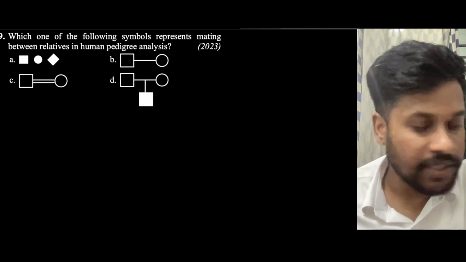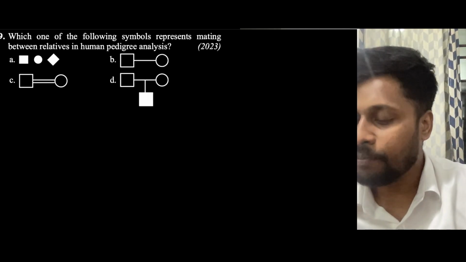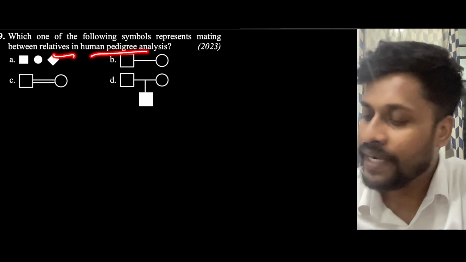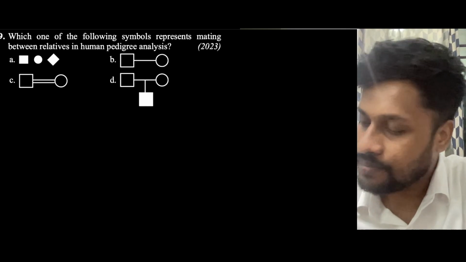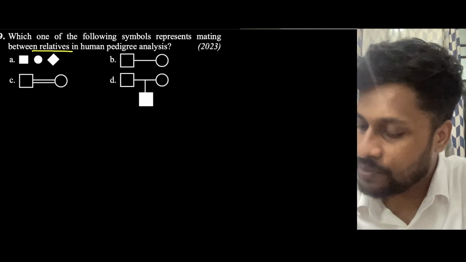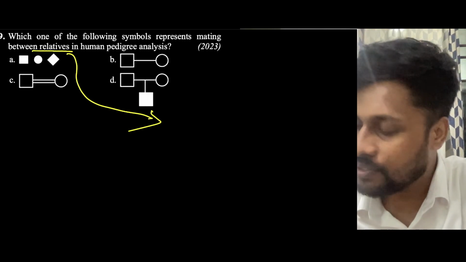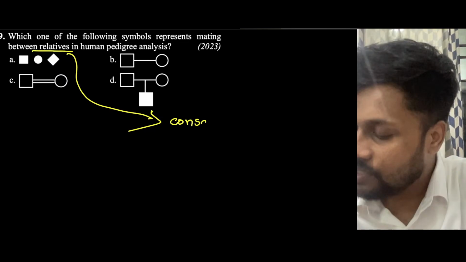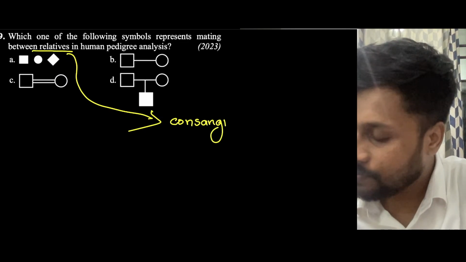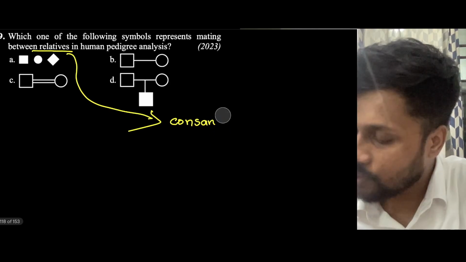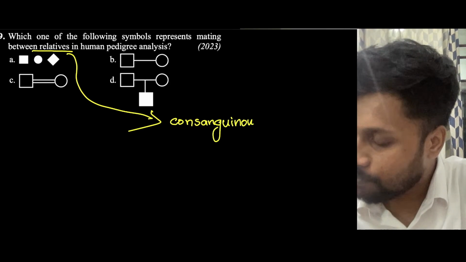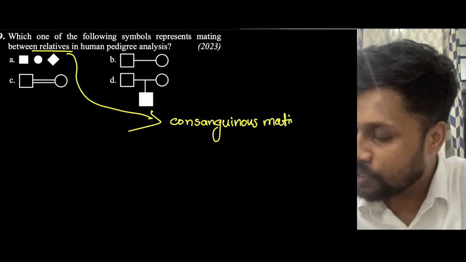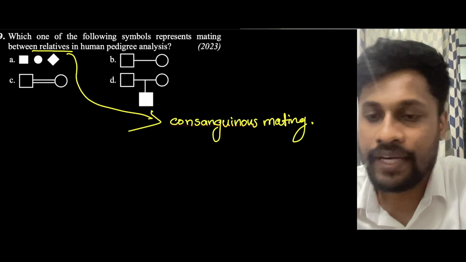Which one of the following symbols represents mating between relatives in human pedigree analysis? Which will be the answer, guys? Here they are asking mating between relatives. This is called consanguineous mating, which means mating between related individuals.